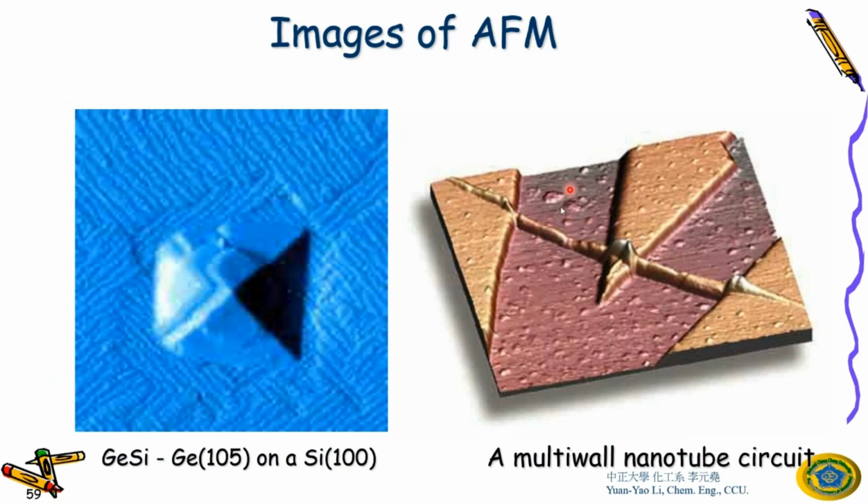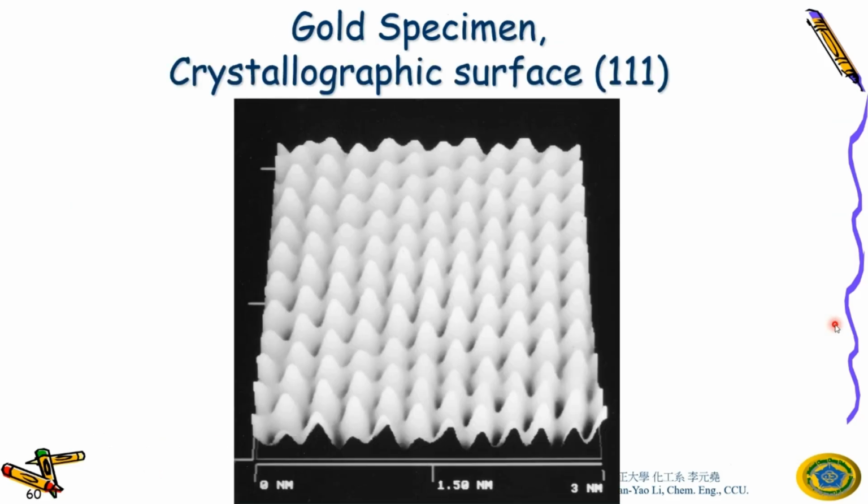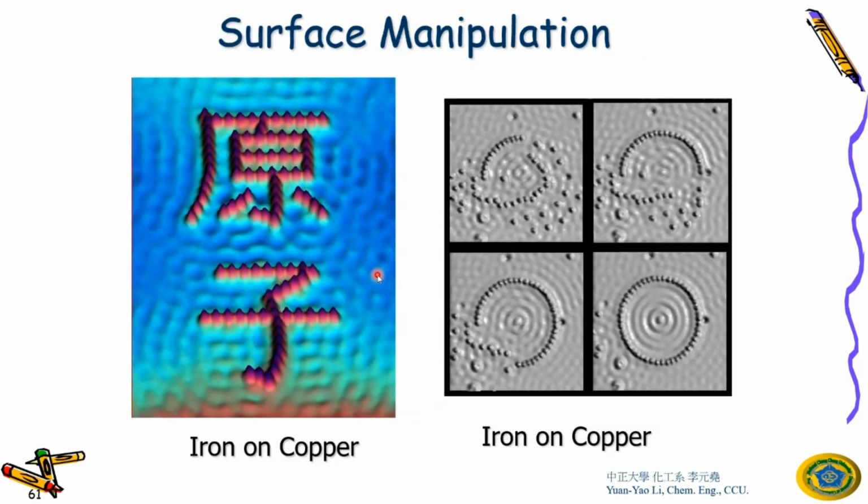You can see a carbon nanotube. This is the germanium on silicon surface, very small. You can even see the atoms one by one. This one is one atom. So not only this, you can manipulate the atoms.